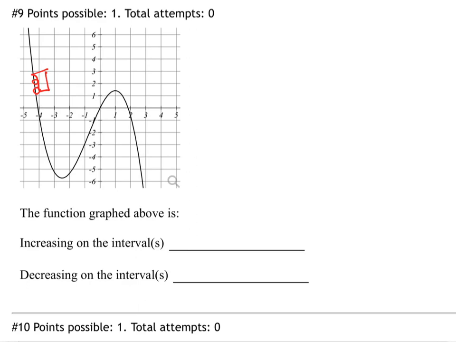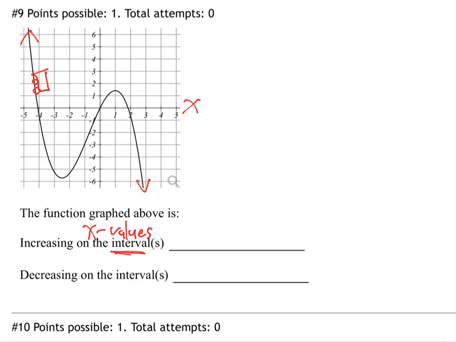Whenever they say intervals, they mean x values, the x-axis. They're assuming arrows in both, meaning they're assuming forever, even though they don't show the arrow. They're assuming you understand the graph goes up and left forever, down and right forever.